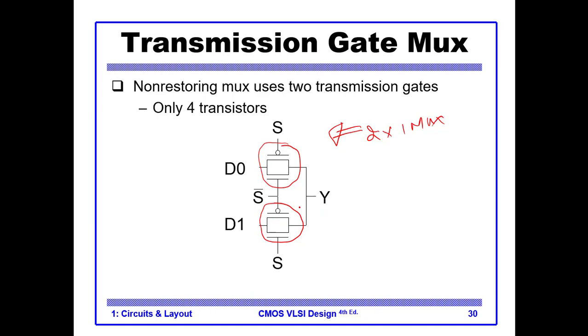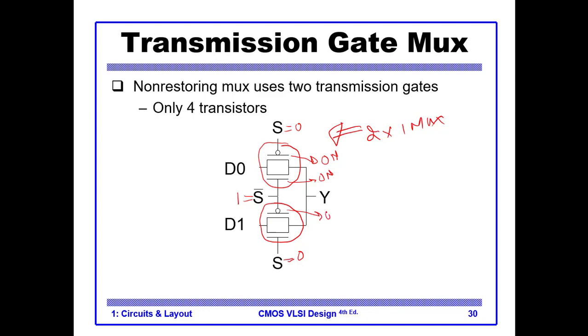For example, let's say that S is 0, so this is 0 and S bar is 1. What this means is that this transistor is on and this transistor is on.